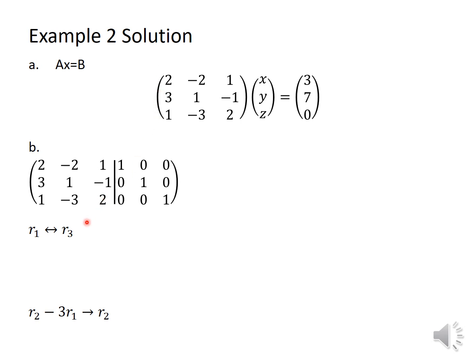Now look at part B. To get the inverse matrix, first you need to write your matrix A on the left side and the identity matrix on the right side. You should transform all the elements on the left to be the identity matrix. So your right side will be the inverse matrix of A.